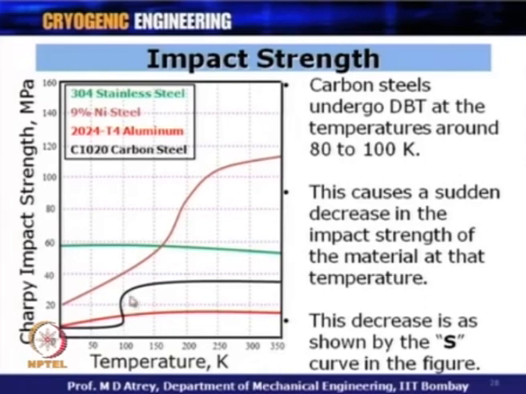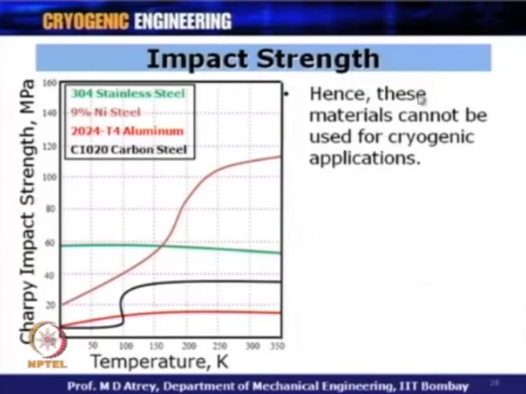This DBT variation, the way it looks, is sometimes called S transformation or S curve. So, this decrease is as shown in this S curve. Many literatures refer to this as S transformation or S curve existence for this particular material. So, this S transformation happens at 80 to 100 Kelvin in this particular material. Hence, these materials cannot be used for cryogenic applications.